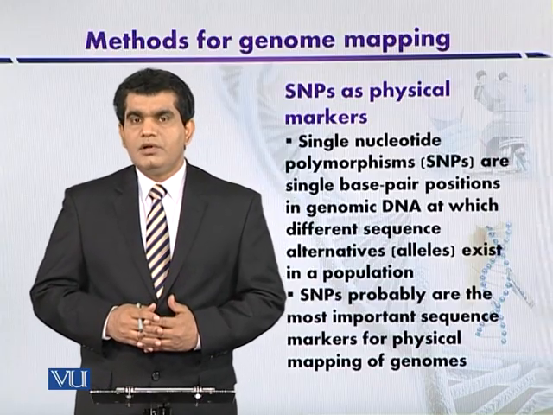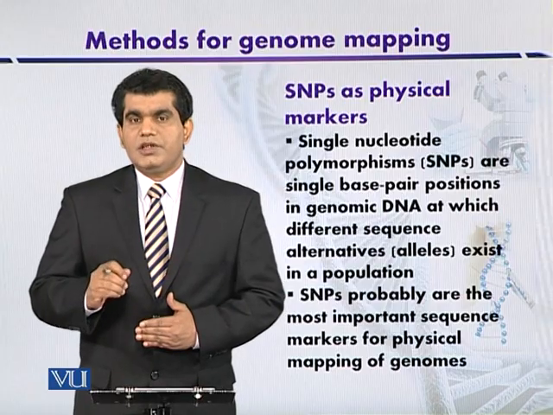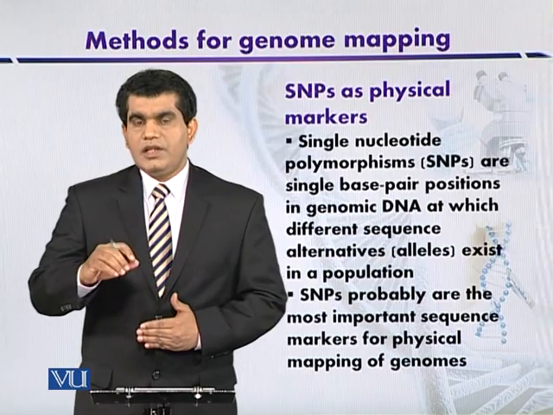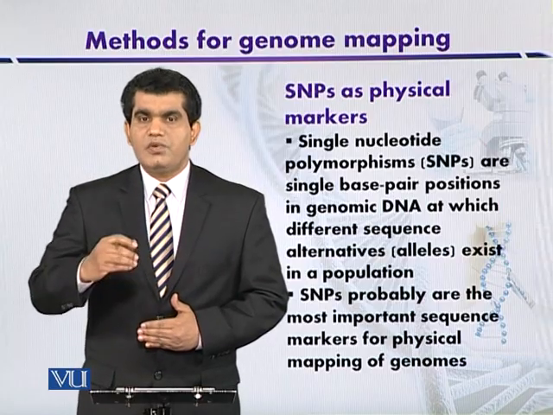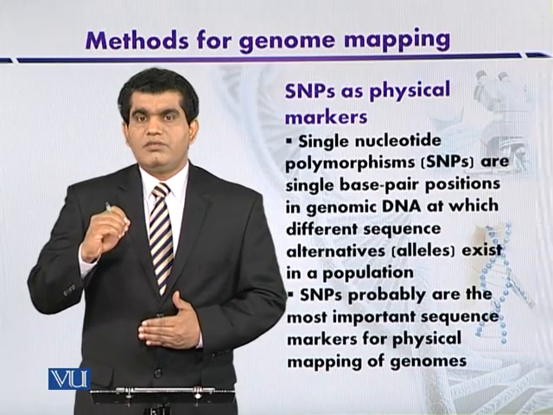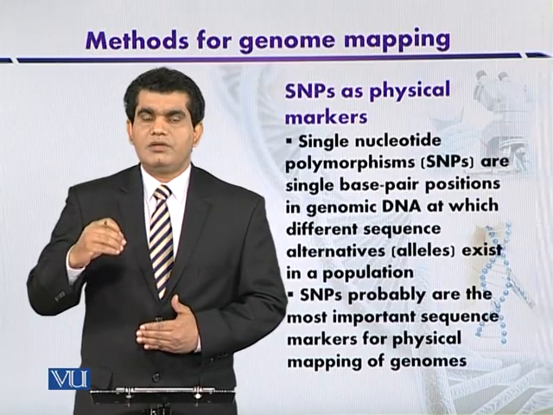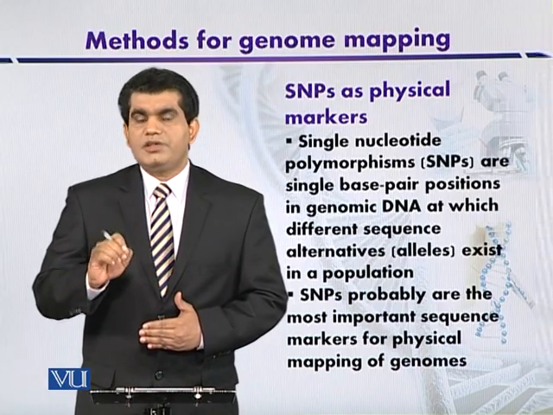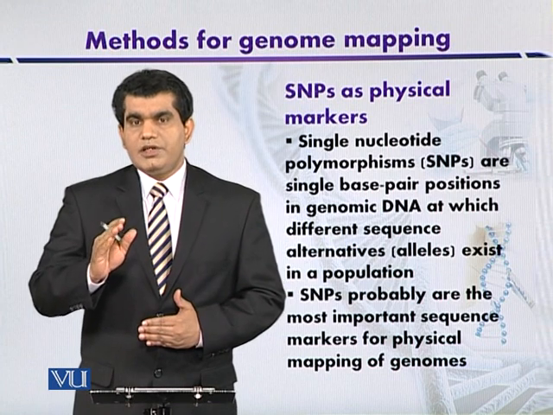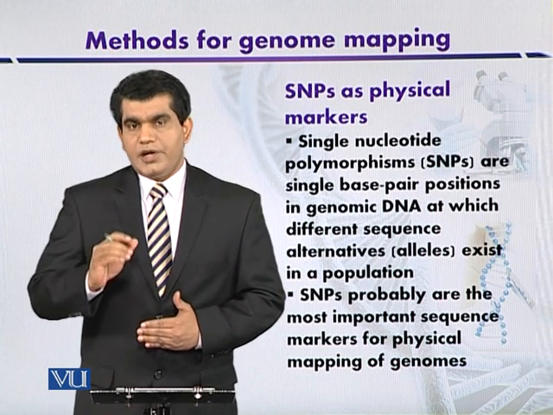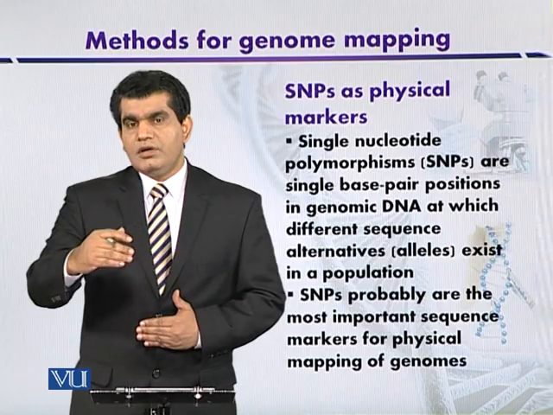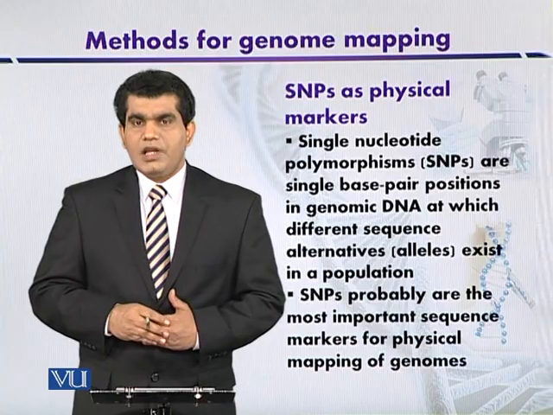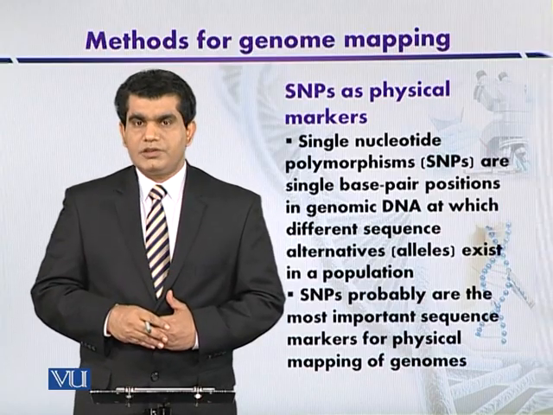If you remember, we discussed that 0.1% of the genome is variable from one human individual to another, and these small variations can influence the target sites for different types of restriction enzymes, so that after digestion with a particular restriction enzyme we will get a characteristic banding pattern, so that fragments will be separated depending upon their lengths on agarose gel electrophoresis.